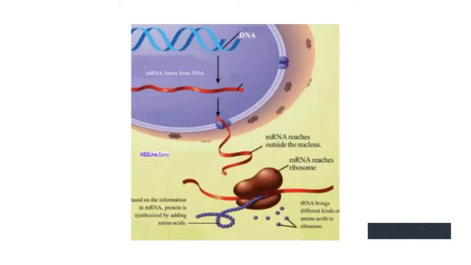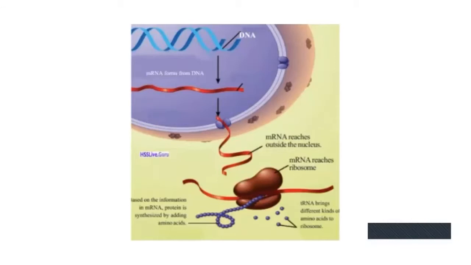DNA does not participate directly in protein synthesis. The genes are present on the DNA, and they give the message through the RNA. That red ribbon-like structure shown in the figure is mRNA. Messenger RNA carries the message that a protein should be produced inside the cell.